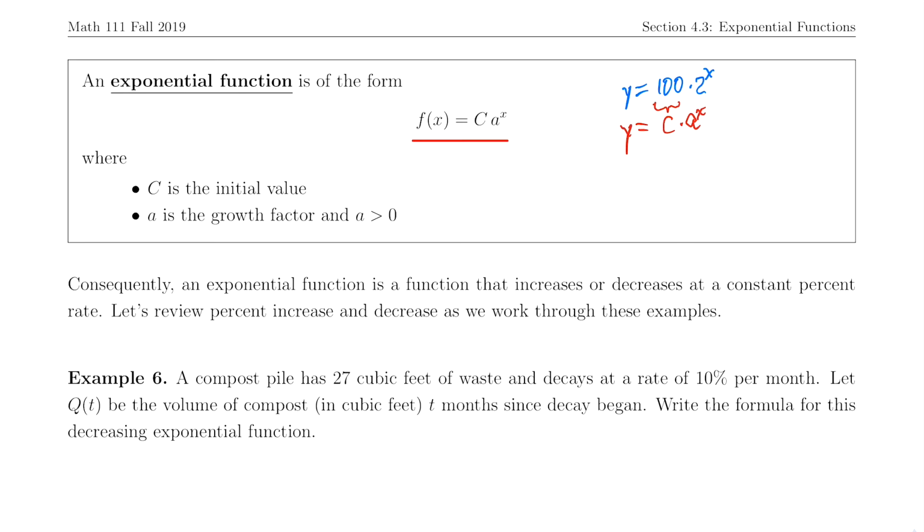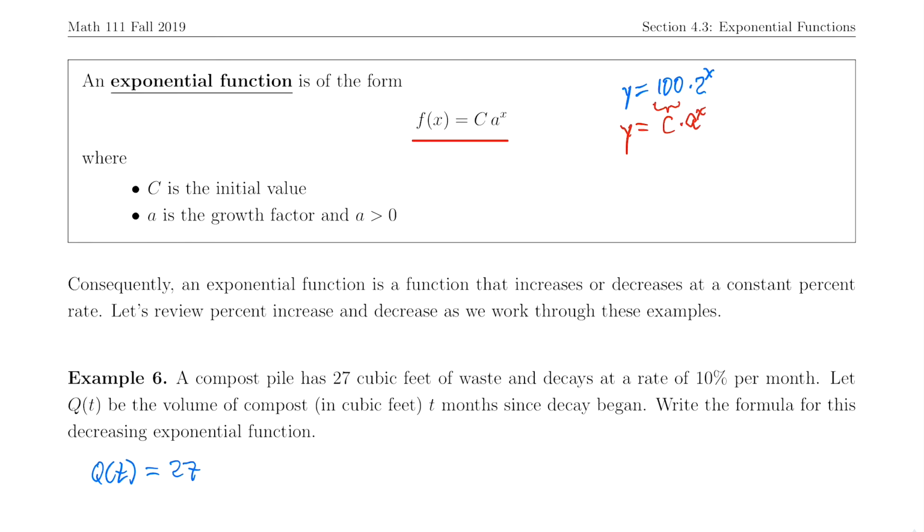Let's write a formula for that, in this case a decreasing exponential function. So we have our function Q of t, and our initial value in this case is 27. Now, what is our growth factor, or in this case decay factor?